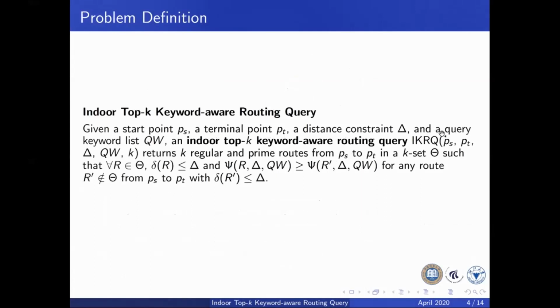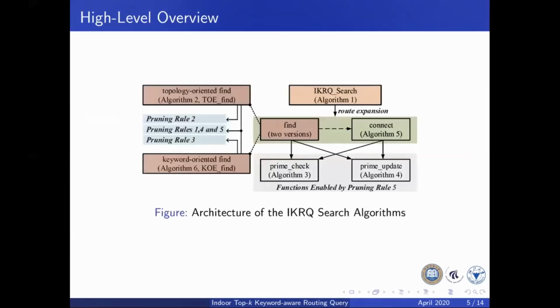In each iteration, it fetches the step with the highest ranking score so far and expands it further using the function find with some pruning rules. And we use function connect to try to connect this newly constructed route expansion received from function find to the destination and see whether some conditions are met.